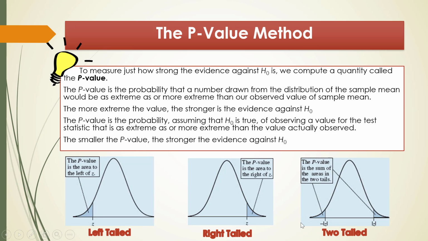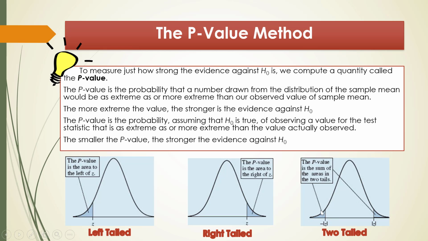And for two tails, if we have a test statistic, we consider the sign. If it's negative, we also consider its positive counterpart. So suppose we have a test statistic of 2.34. On the standard normal curve, we mark two values, minus 2.34 and 2.34.